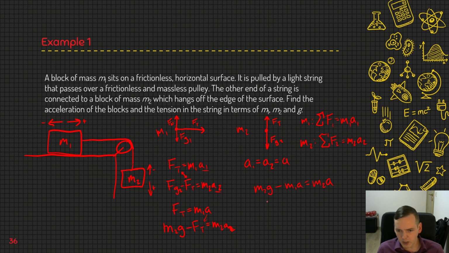Doing some algebraic rearrangement, we will get M2g divided by M1 plus M2 equals A. So that's the acceleration of the system, the magnitude of the acceleration. And now we just need to find the force.